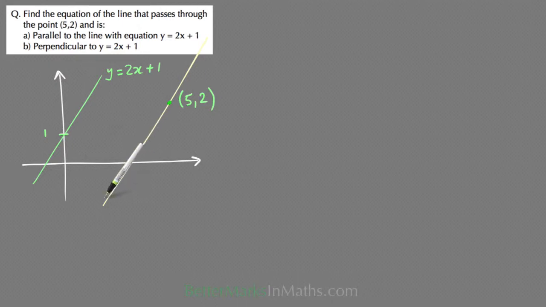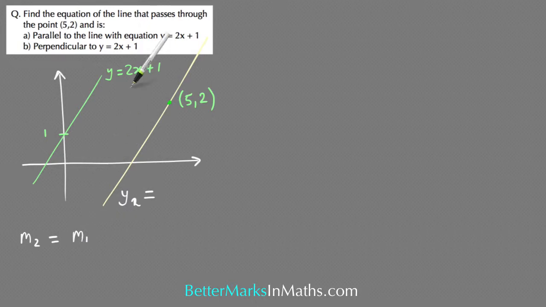When two lines are parallel, they have the same gradient. I'm going to call this line y1, and I'm going to call the gradient of the other one m2, and that's y2. So m2 is equal to m1, the gradient in the first equation.